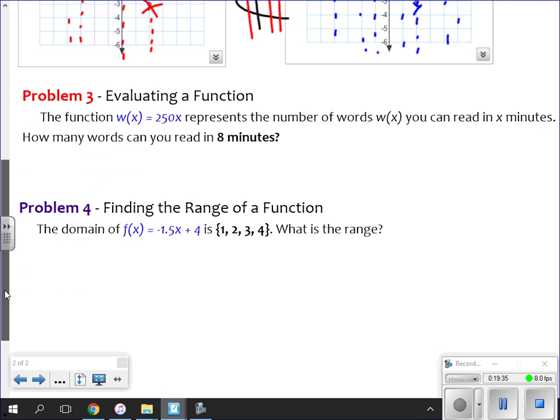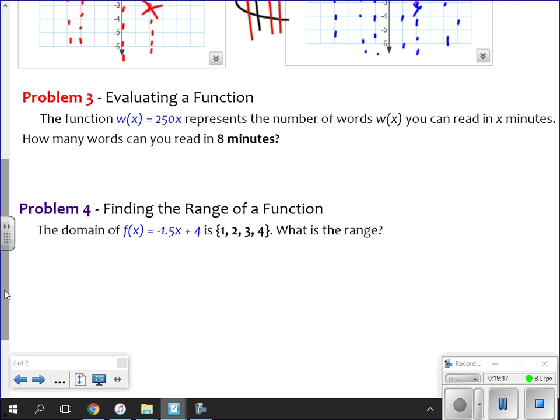Okay, now we get to function notation and using function notation and why function notation is good. Evaluating a function.